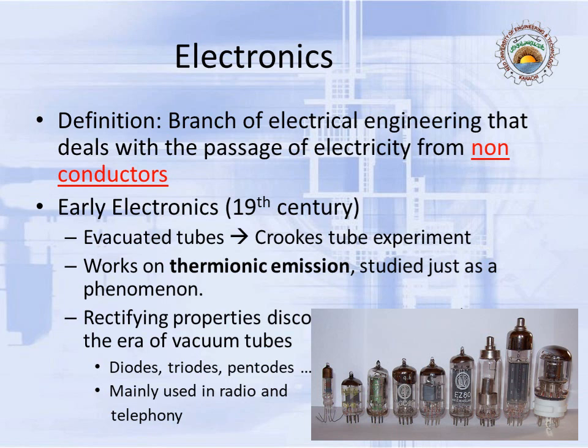So there was a need for circuits that could process amplitude modulated waves and do all the communication circuit work. Diodes and triodes and pentodes were very good for that. That's why vacuum tubes were invented, and they were mostly used for wireless and radio communication.